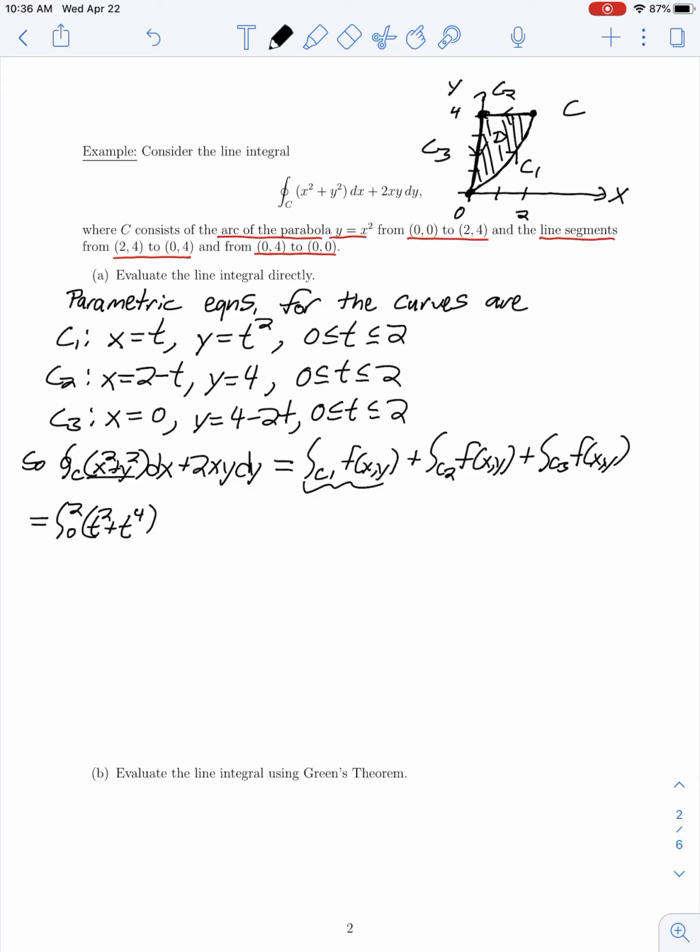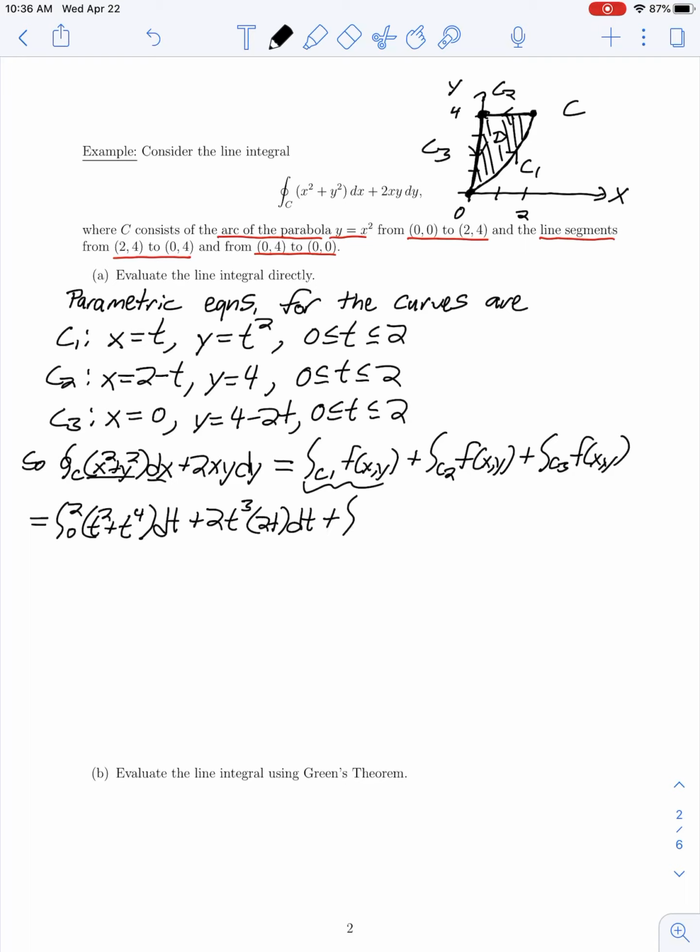And then we are multiplying by the differential of x. So the differential of x on C1 is just 1 dt. Then we add 2 times x times y. Now x times y on C1 would be t cubed times dy. Now on C1, y is t squared, so dy is going to be 2t dt.